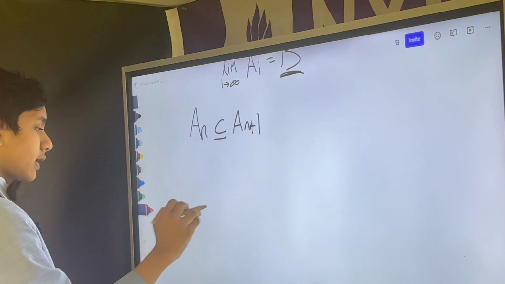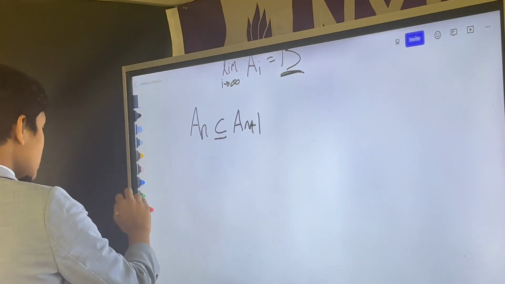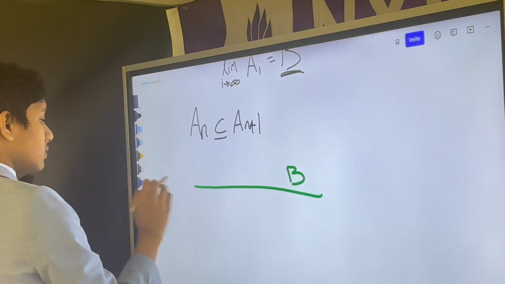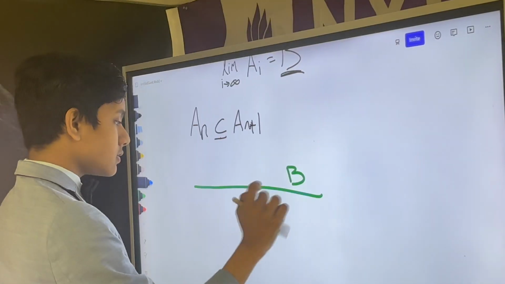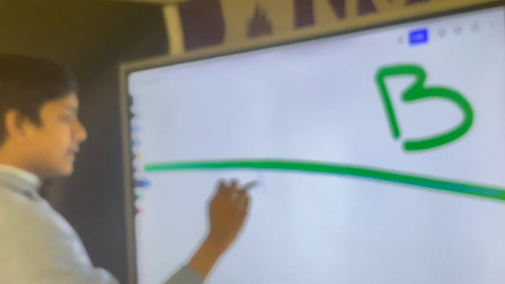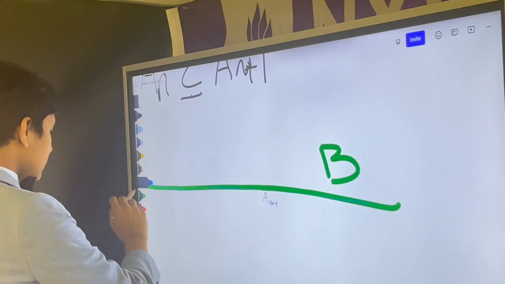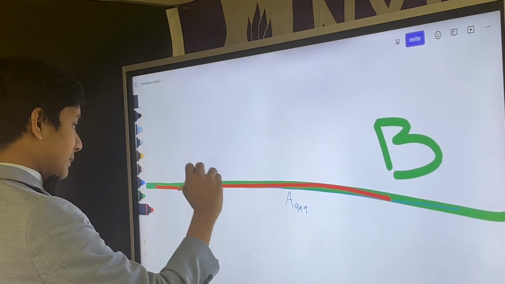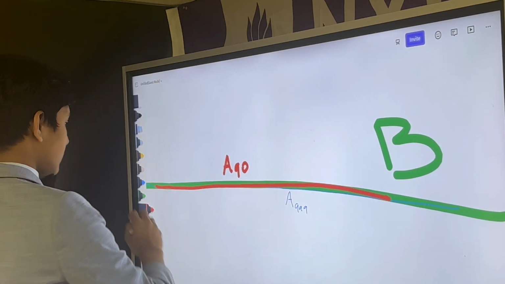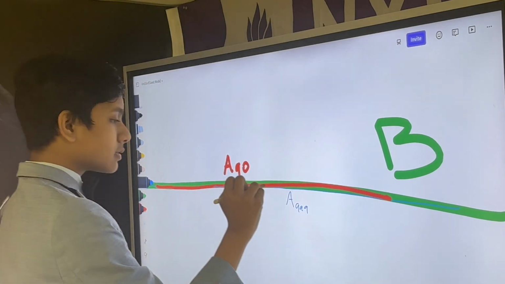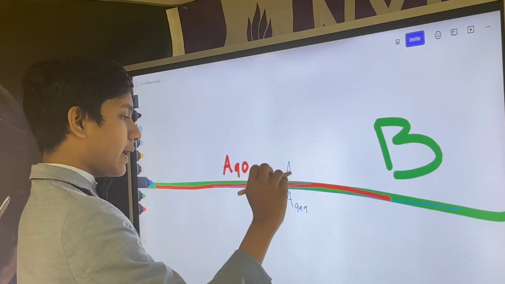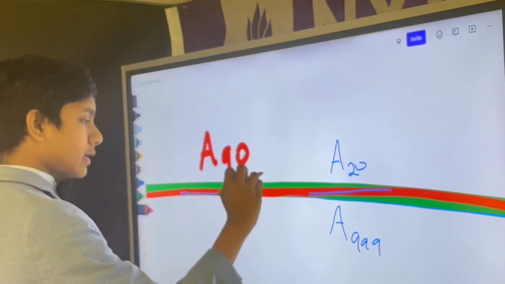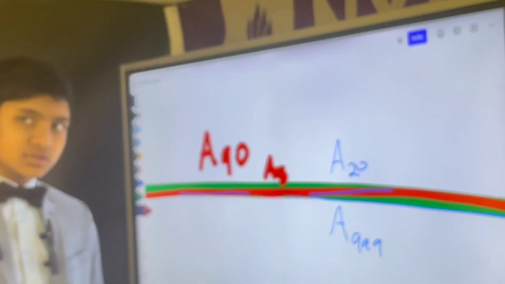So it might look something like this. This is B, this little blue strip is A999, this little red strip might be A90, this little blue strip might be A20, this little red strip might be A5, and so on.